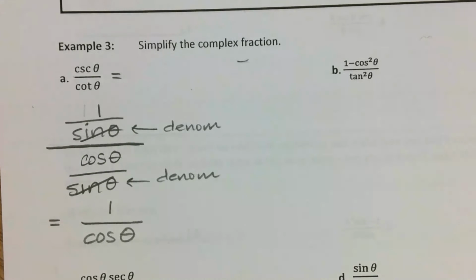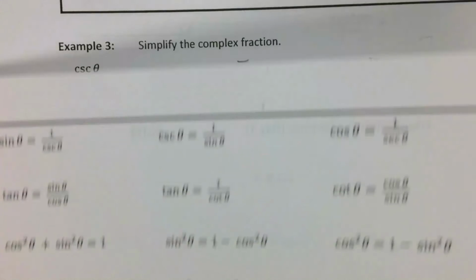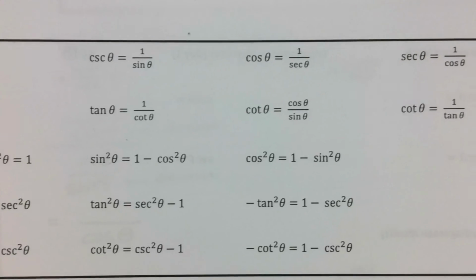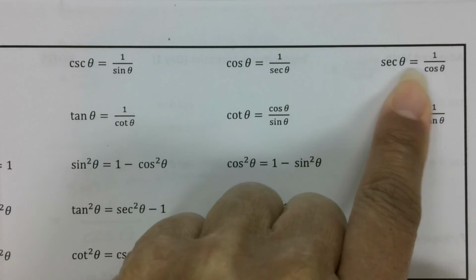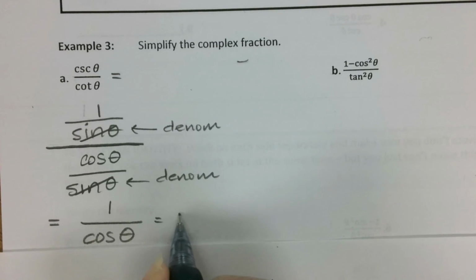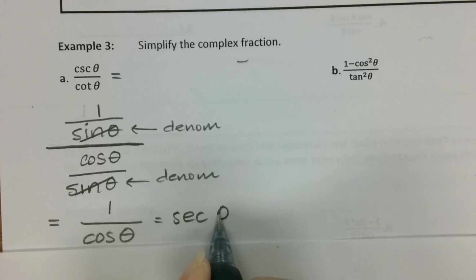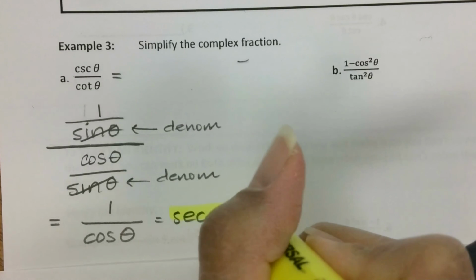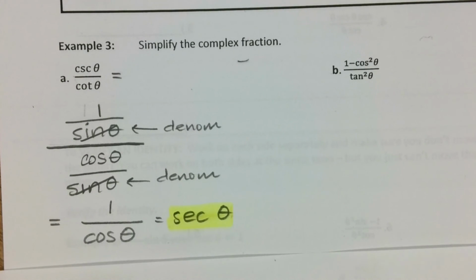But this should be familiar to you, and we go up here and we look for it and we notice that right there, 1 over cosine is our secant. So we're going to come down here and write this as secant, and we're done. We have simplified the complex fraction into a single term.